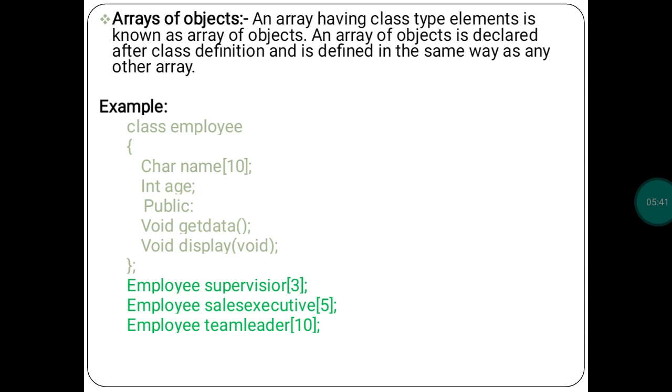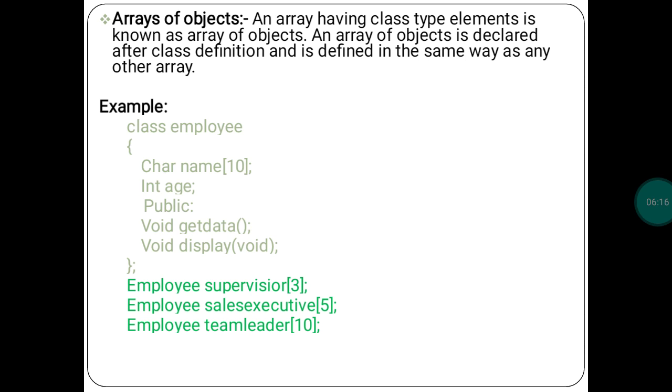It means we can input 10 team leaders' names and ages. So this is creating objects with arrays. In this program, 3 supervisors, 5 sales executives, 10 team leaders: total 18 objects we are using here.